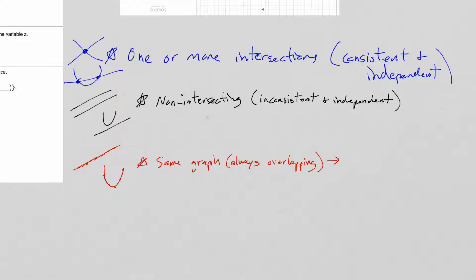So this is going to create a consistent and dependent system. Okay, so just keep that in mind.